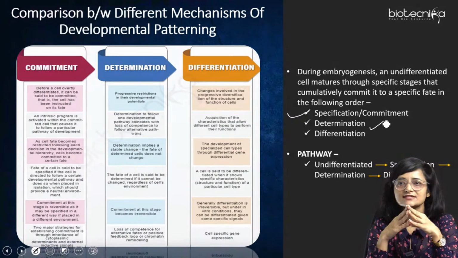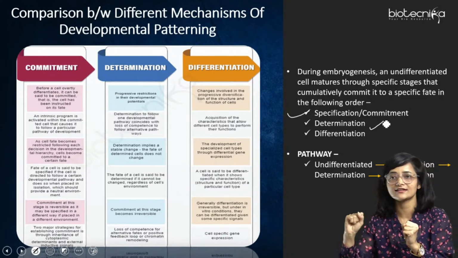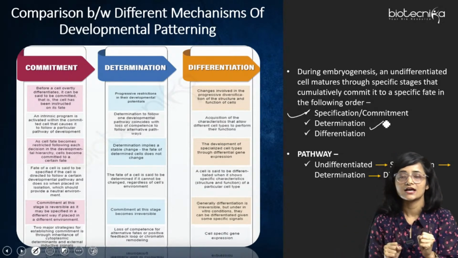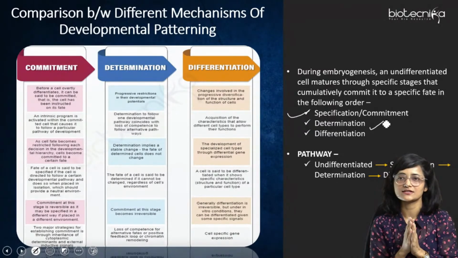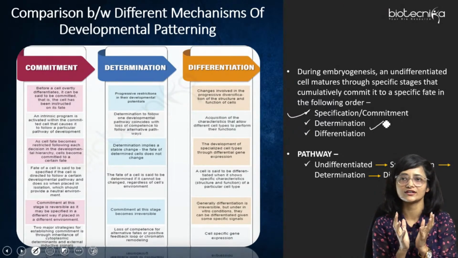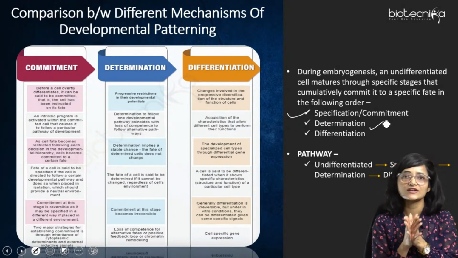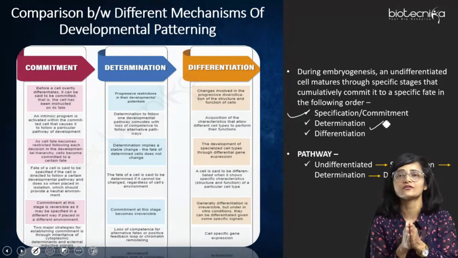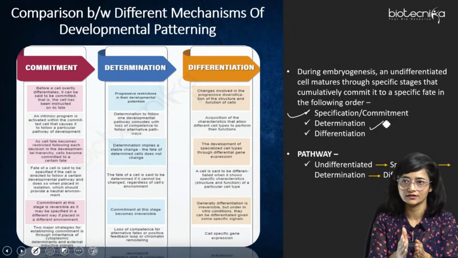Then the cell has determined itself that this is the only thing that I want to do, the only cell that I want to get converted into, right? So at this particular stage, the restriction comes here. The cell is restricted now. It doesn't have a choice to get converted into some other type of cell. It is restricted to a certain pathway, and it will follow that pathway, and it will produce a certain type of cell only, right?